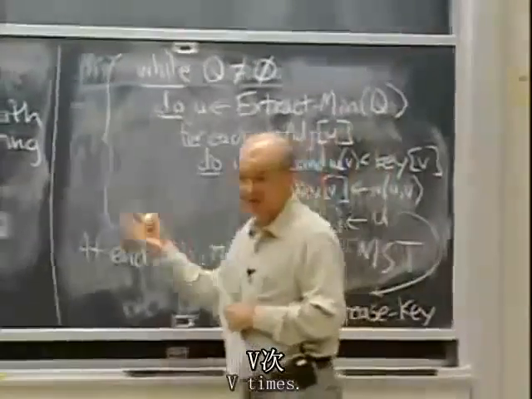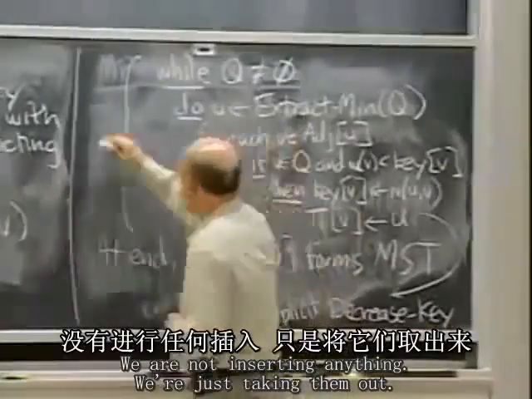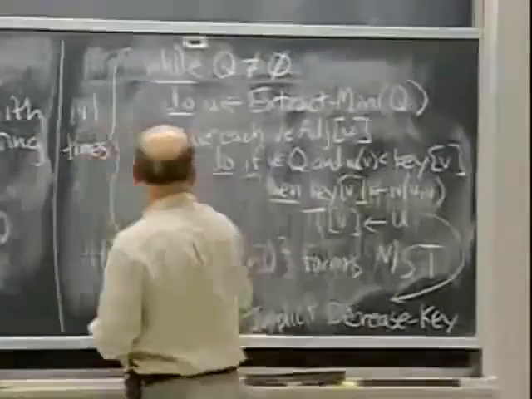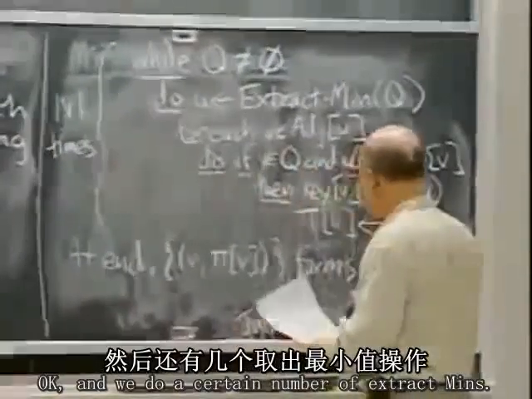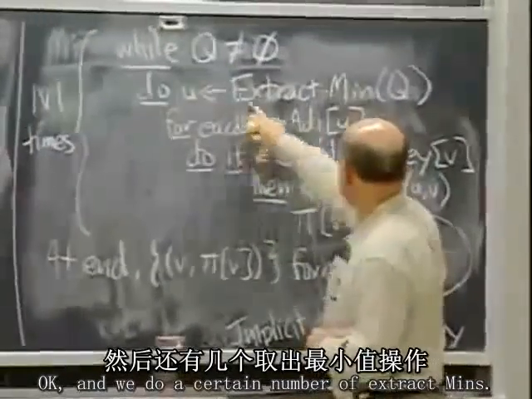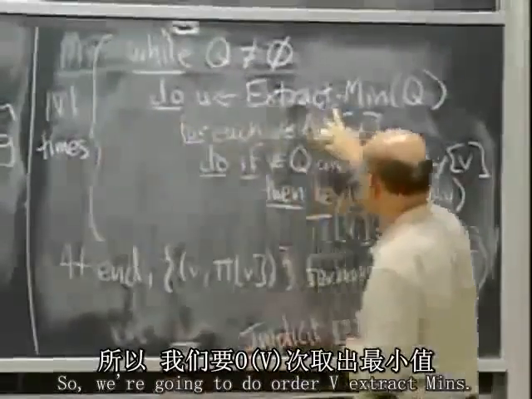V times. There's V elements we put into the queue. We're not inserting anything, we're just taking them out. This goes V times. So we're going to do order V extract mins.